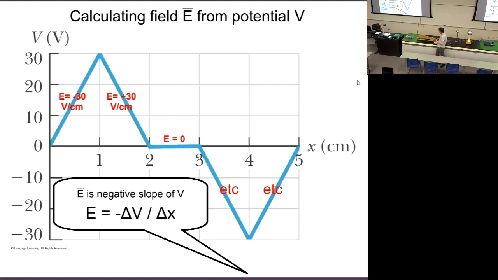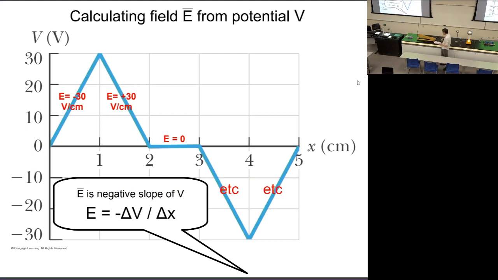That's the landscape. From this landscape, we can figure out what the electrical field is in the different regions. You're going to be trained to look at this landscape of electrical potential and be able to figure out in your head what the corresponding electrical field is.